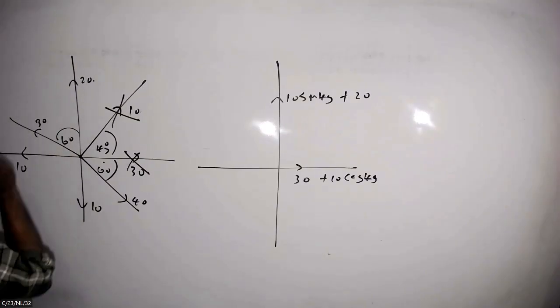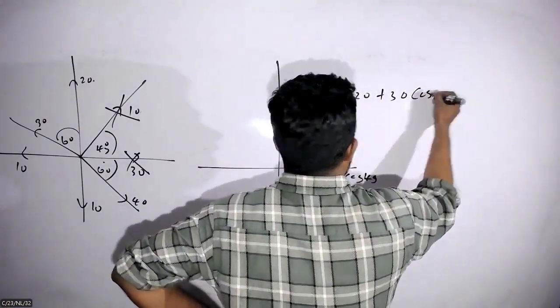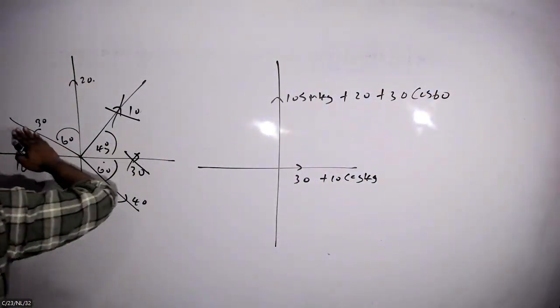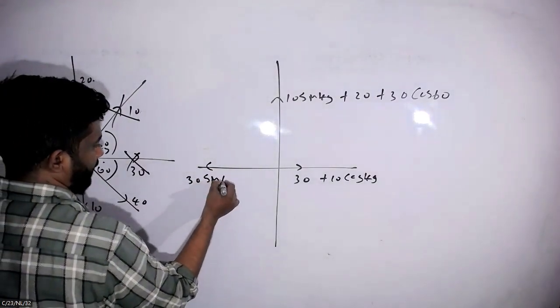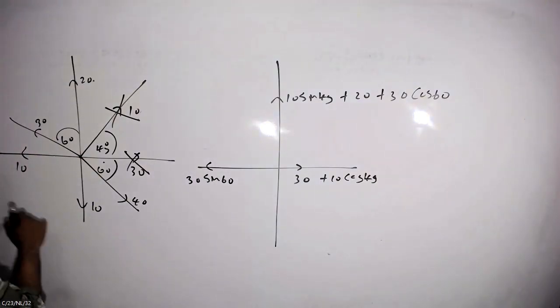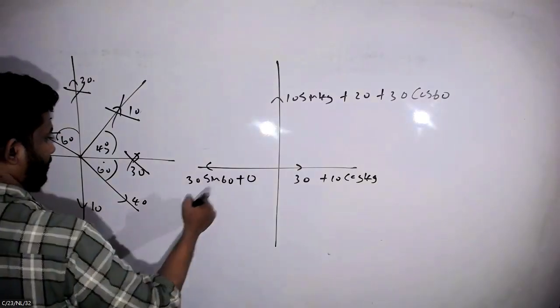This one is 30 cos 60. The other component, the horizontal component, is 30 sin 60, plus 10. Yes, this one is 10.